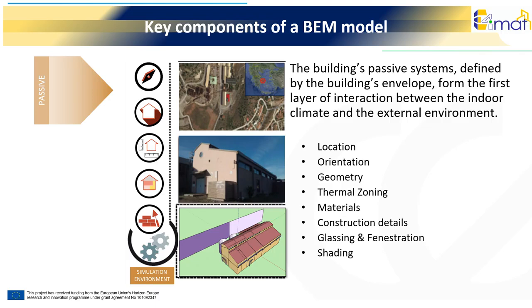Meanwhile, glazing and window systems control daylight, solar heat gains, and visual comfort. Their properties, such as U-value, solar heat gain coefficient (SHGC), visible transmittance, and shading, play a central role in modulating the thermal behavior of the building.